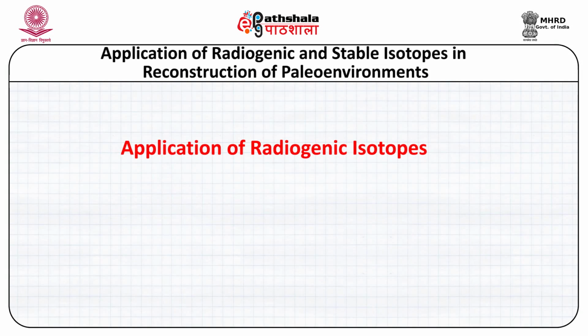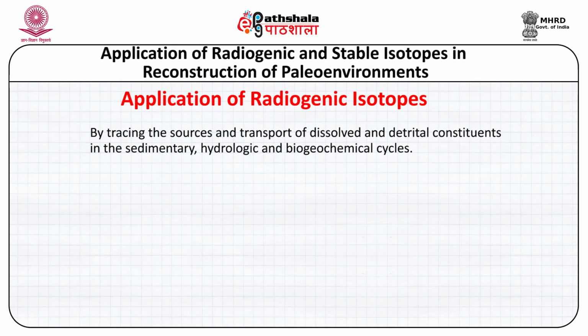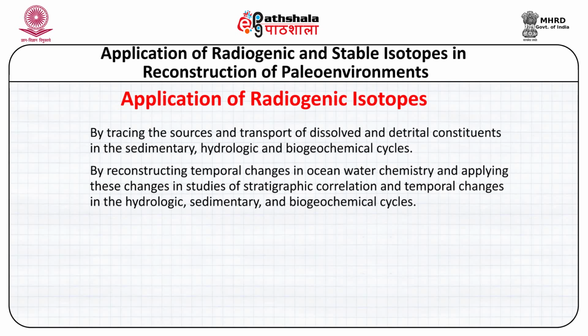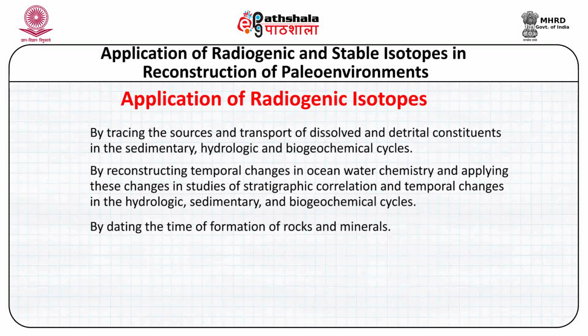Now, as I have already discussed, where do we normally apply, and why do we at all apply, the radiogenic isotopes? We apply the radiogenic isotopes for tracing the source and transport of dissolved and detrital constituents. We also apply them for reconstructing the temporal changes in ocean water chemistry, and apply these changes in stratigraphic correlation and temporal changes in the hydrologic, sedimentary and biogeochemical cycles, and for dating the time of formation of a rock and mineral.